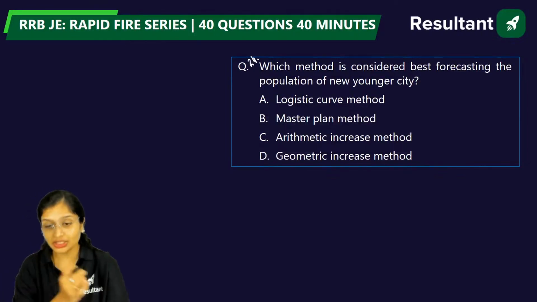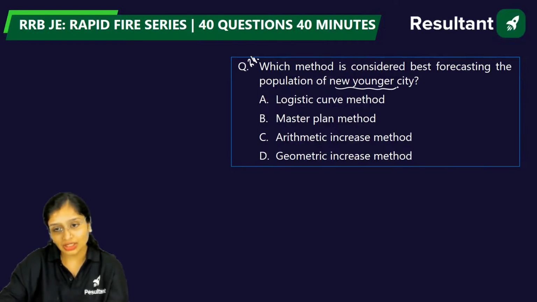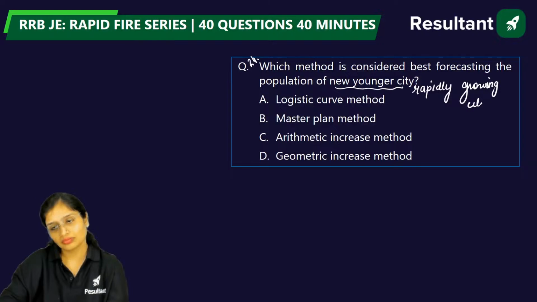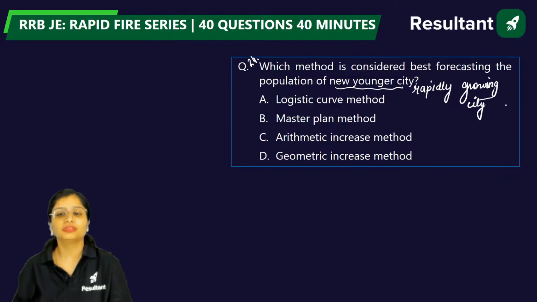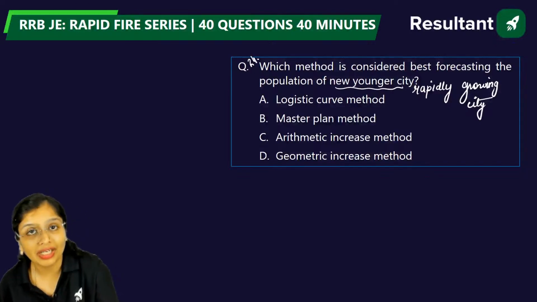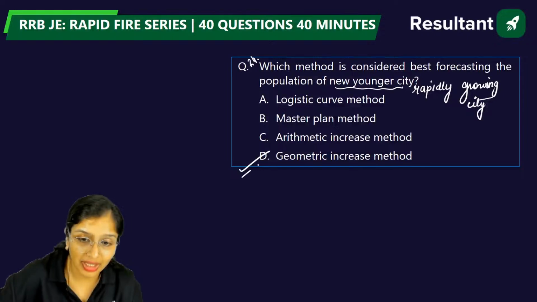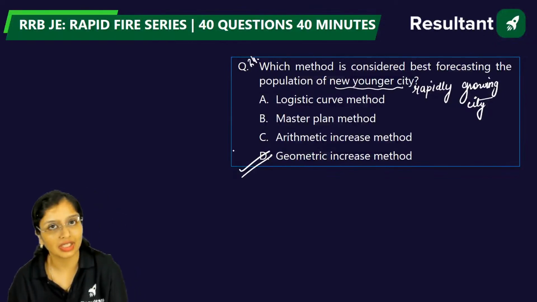Instead of new younger city, they can use another word: rapidly growing cities. Which method do we use for rapidly growing cities? We go for geometric increase method. So geometric increase method will be the correct answer.